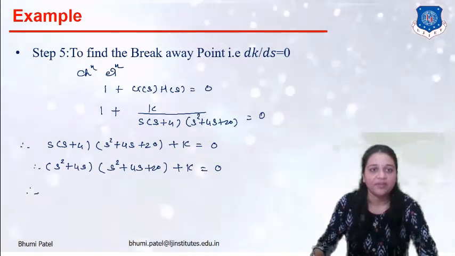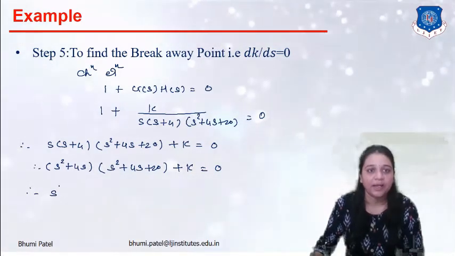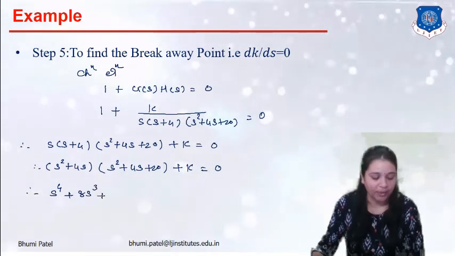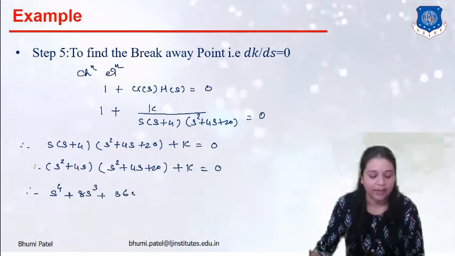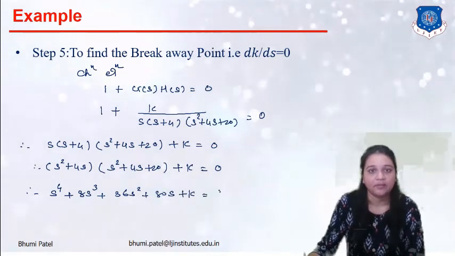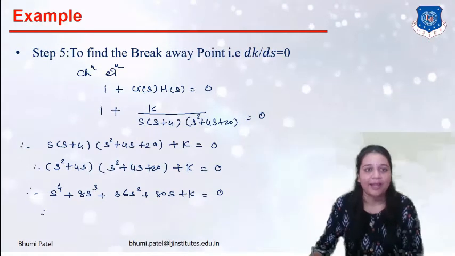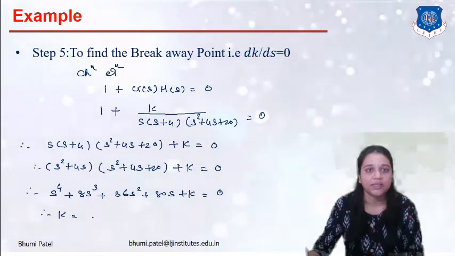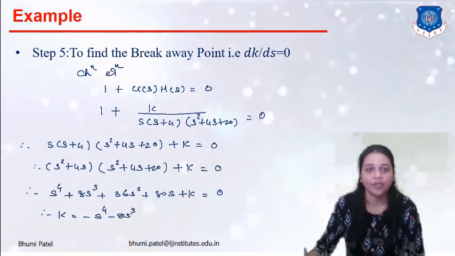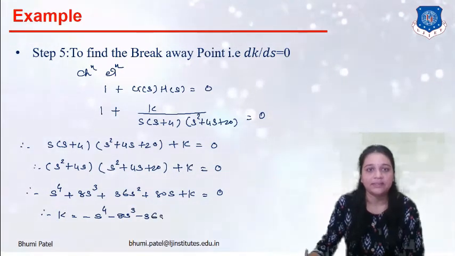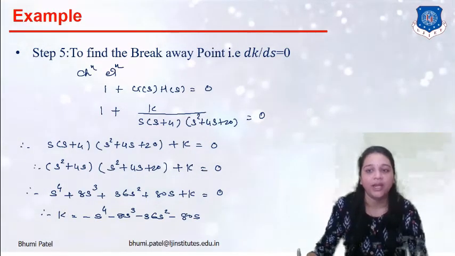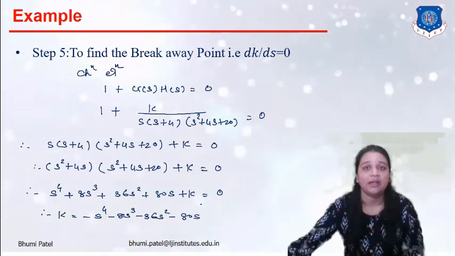The simplified version of this equation is s raised to 4 plus 8s cube plus 36s square plus 80s plus k is equal to 0. So the value of k is equal to minus s raised to 4 minus 8s cube minus 36s square minus 80s.